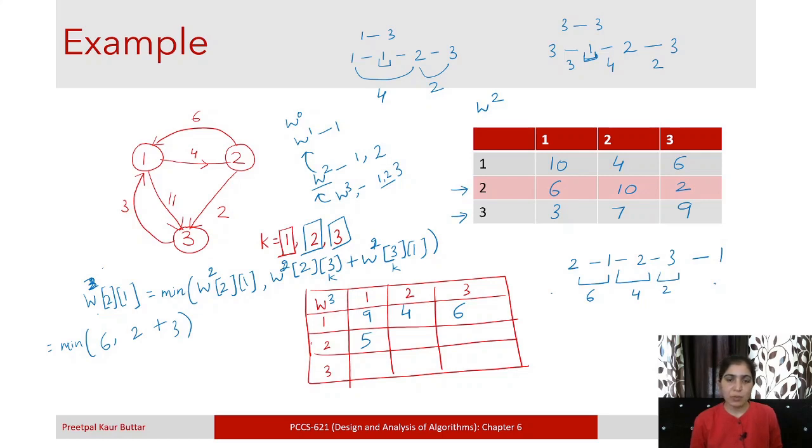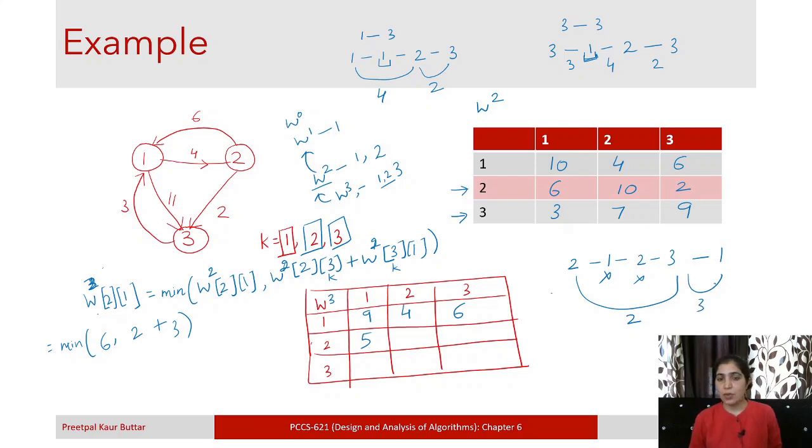Why? Because the path which we are getting has length 5 and it can be obtained by not considering this vertex. Okay, so also 2 to 2 there is no direct path, so this will also not be considered. So 2 to 3 will be considered. 2 to 3 the path length is 2 and 3 to 1 the path length is 3, therefore we are getting a 5 here.